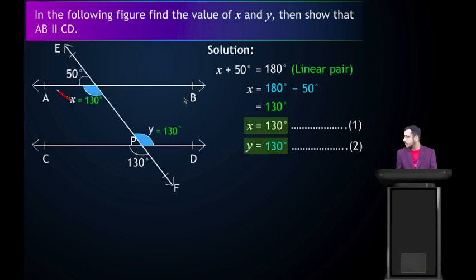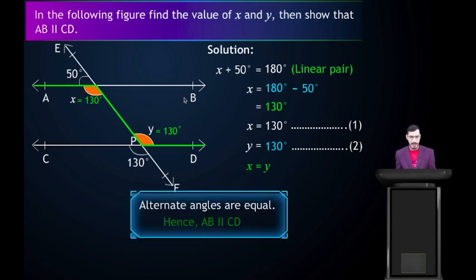So y equal to 130 and x equal to also 130 degree, so x equal to y. When x equal to y, we can say that for lines AB and CD alternate angles are equal. So AB and CD are parallel, hence AB parallel to CD.